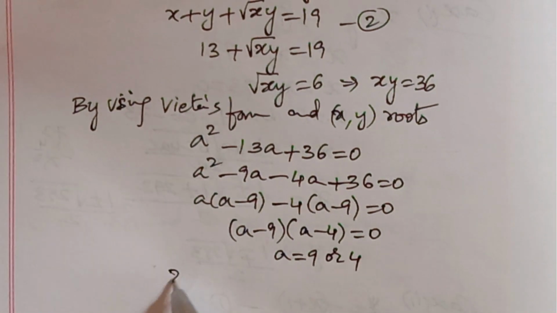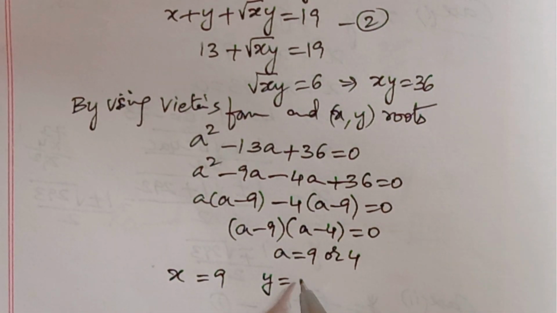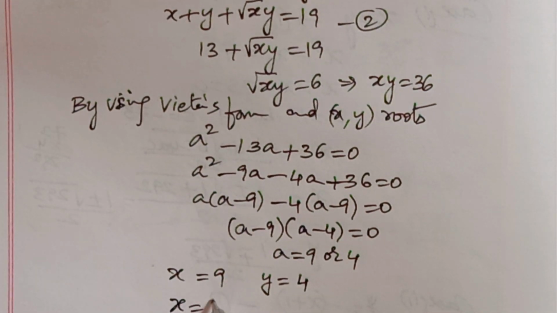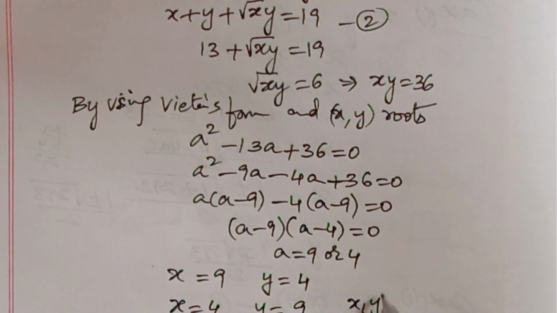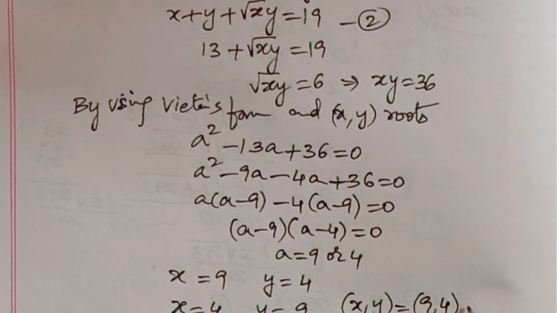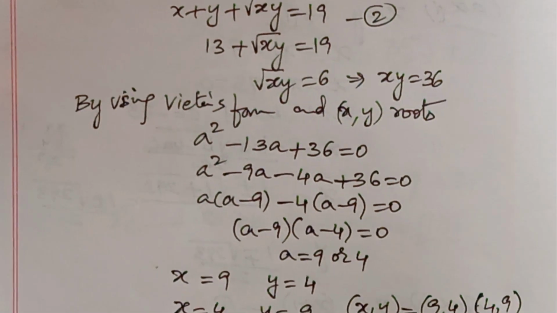Therefore, if x value is 9, y value is 4. If x value is 4, y value is 9. Therefore, the ordered pairs x comma y are 9 comma 4 and 4 comma 9.